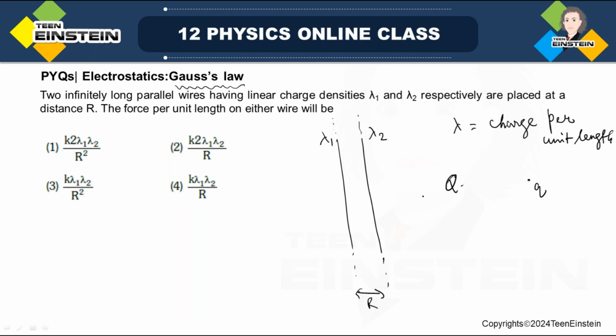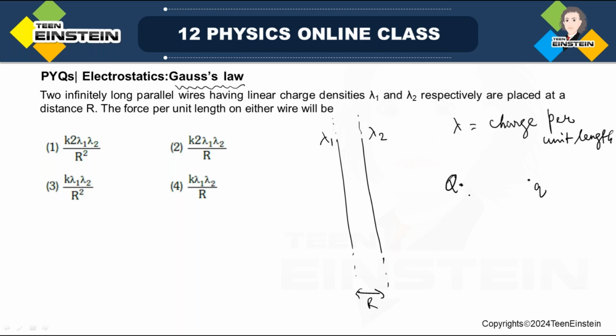And in fact the force will be the same. The force exerted by small q on capital Q or the force exerted by capital Q on small q will be the same. So this is the main concept here.